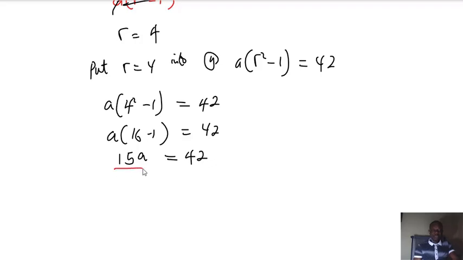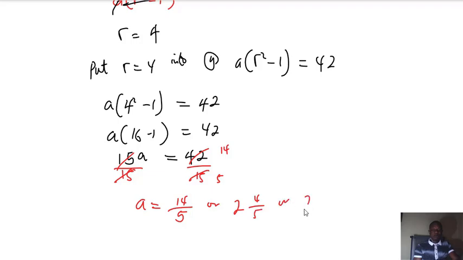What are we going to do? We divide both sides by the coefficient of A, so here by 15. Then can we get a number that goes into both? 3 goes into 15 five times, and it goes into 42 fourteen times. So we have A equal to 14 over 5, or 2 whole number 4 over 5, or 2.8.